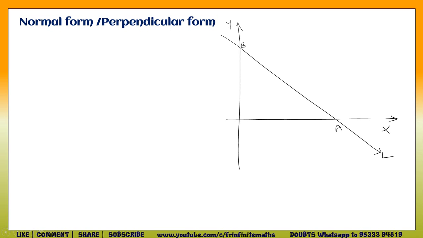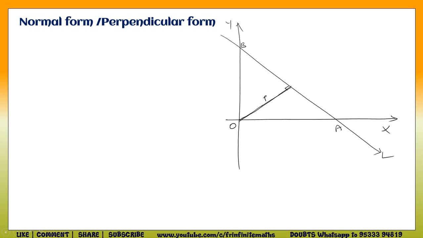Now this line is at a distance of p from the origin, measured along the perpendicular to the line. Since we have this perpendicular distance, we call it perpendicular form or normal form. Now let us see what the perpendicular form is and how to obtain the equation of a line using this form.